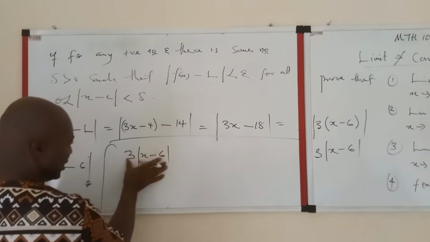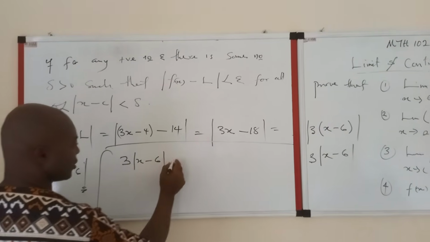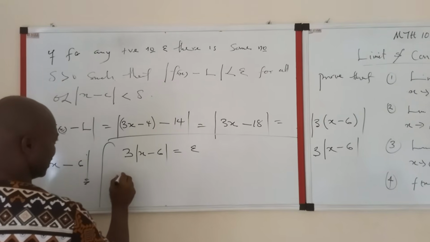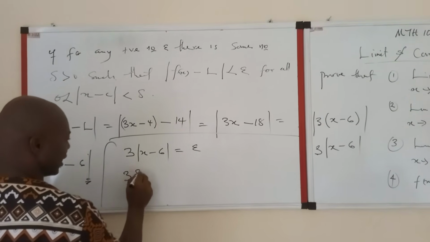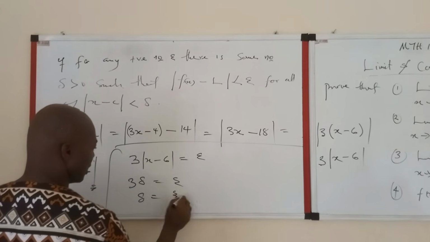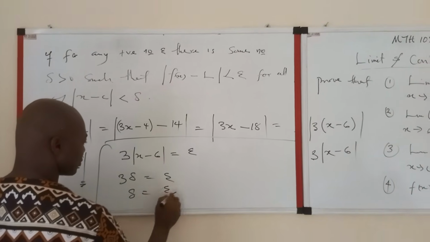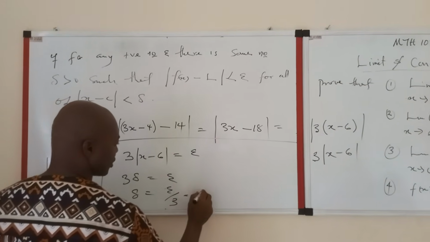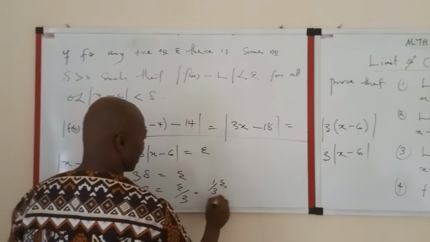Whereas this entire thing is for epsilon, is equal to epsilon, where this one is the delta. So you say 3 delta will be equal to epsilon, so delta will be equal to epsilon over 3, or 1 over 3 times epsilon.